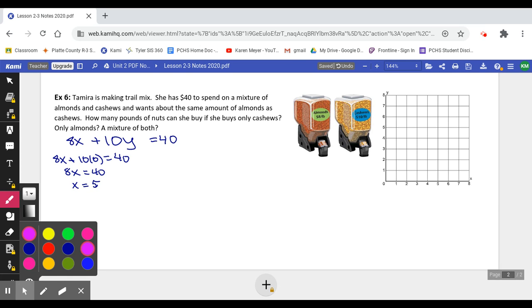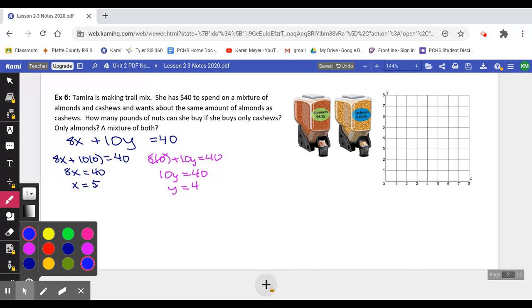And then find the y-intercept, so plug 0 in for x. So then you get 10y equals 40. Divide, and you get y to equal 4.